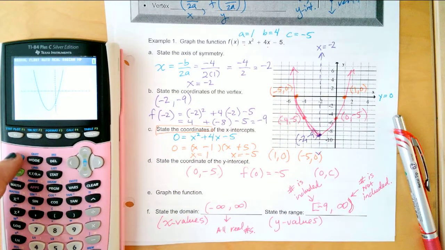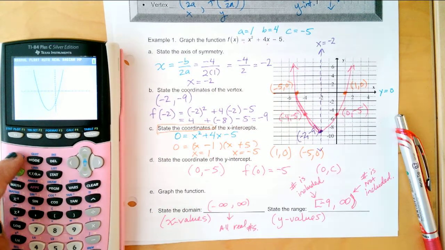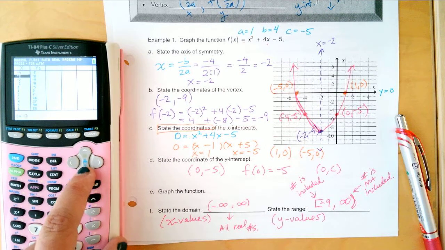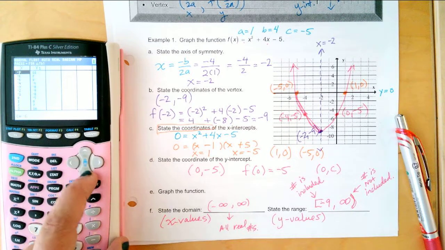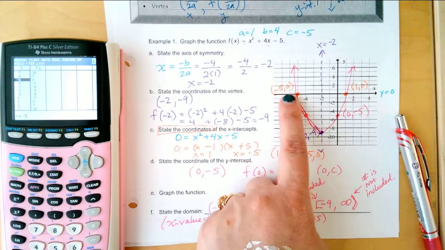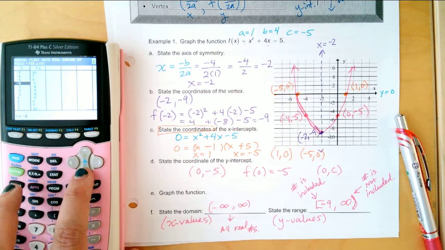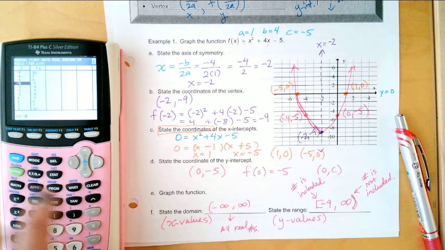So the easiest way to confirm all these points is to use the table. If you go second table, now you see in the table of values, you can see some of these points, right? Here is -5, 0. That's the same thing as this one, the x-intercept. Then there's our symmetrical point that we found, -4, -5.